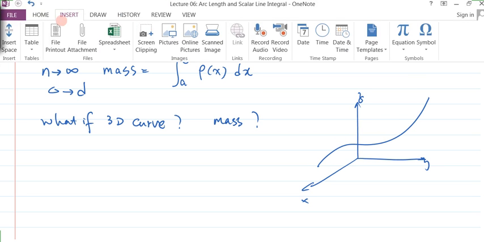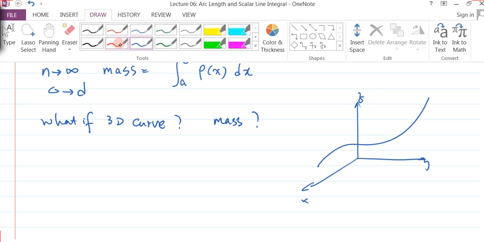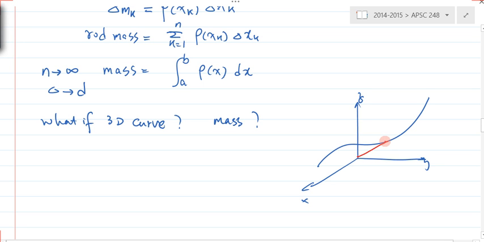As usual, if you're given a curve, then you must be given a vector function describing this curve, r of t. Suppose it starts with t equal to a and ends with t equal to b, like this. So this is the curve in 3D space.